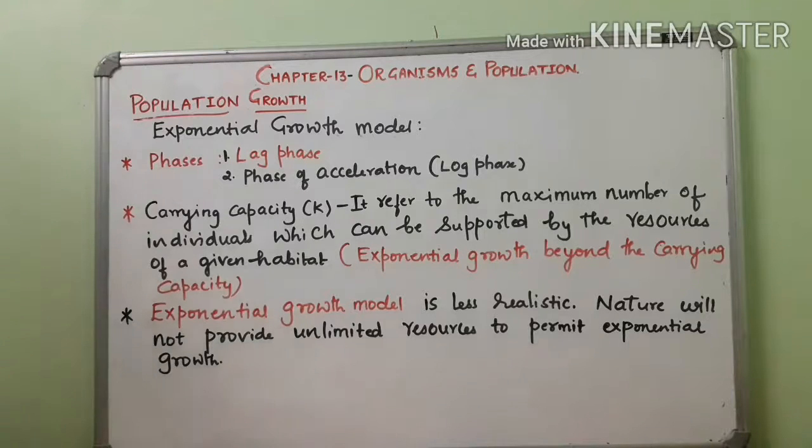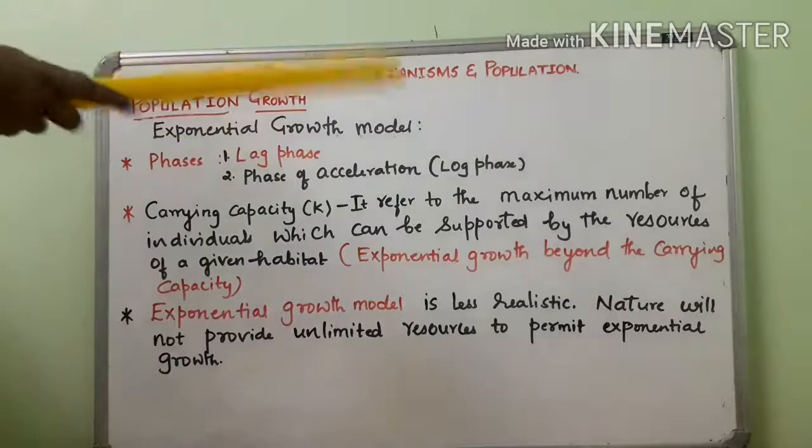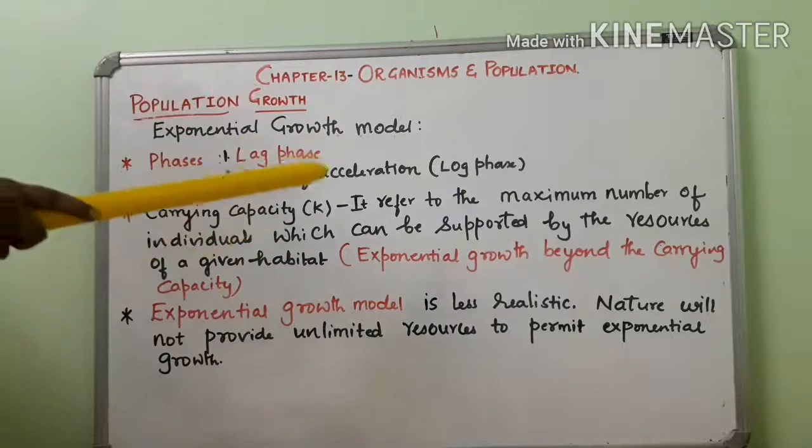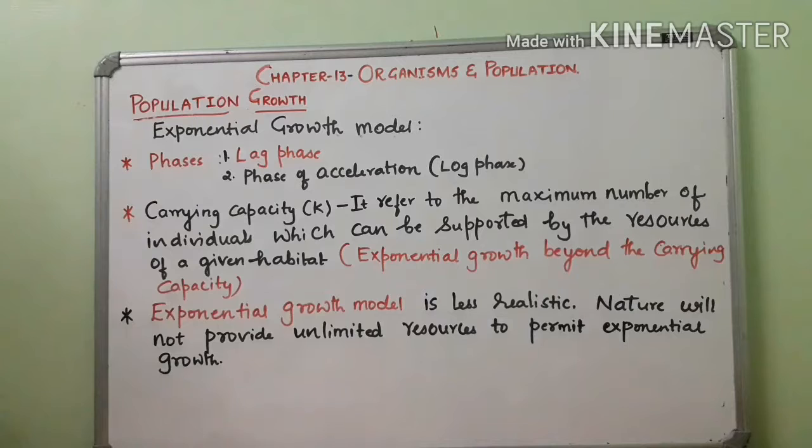That entire condition we call the carrying capacity, that is K. So in a habitat with unlimited resources, the population number will increase to the maximum number. That we can consider as the carrying capacity.